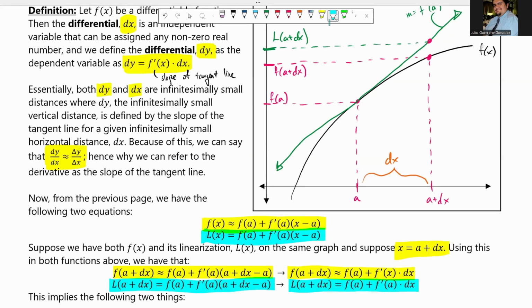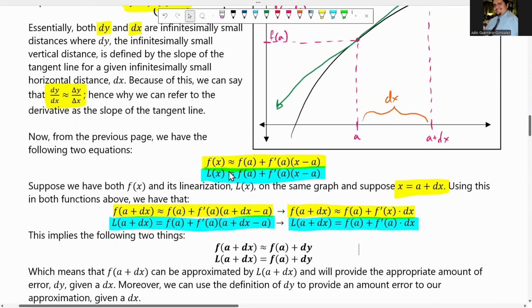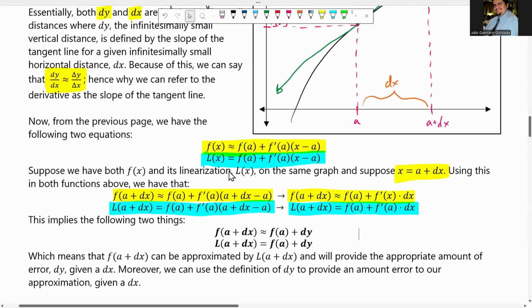Okay? Now, these things at the end here have a special name. F prime of x dx, or f prime of a dx, is equivalent to dy. We get these two equations, right?